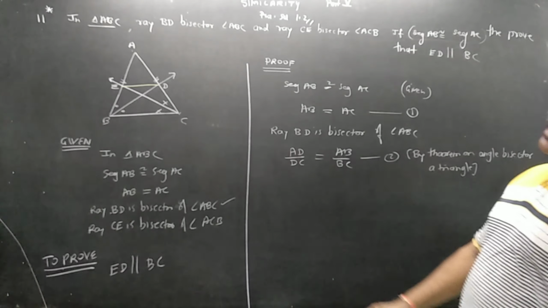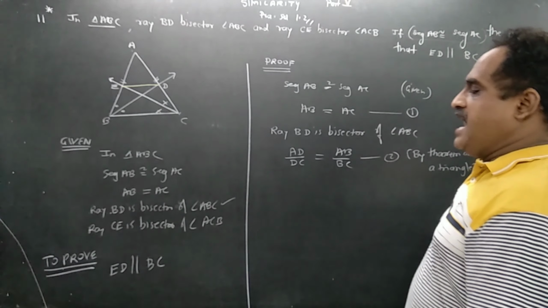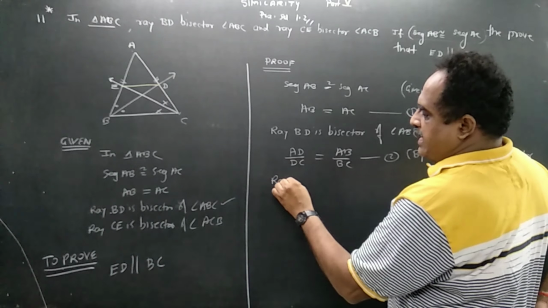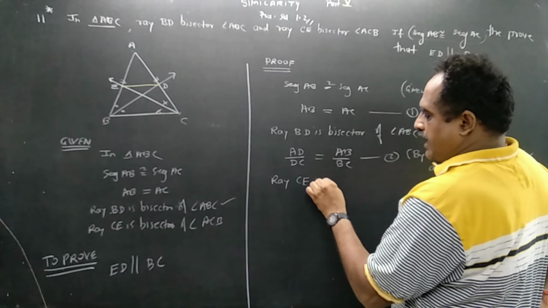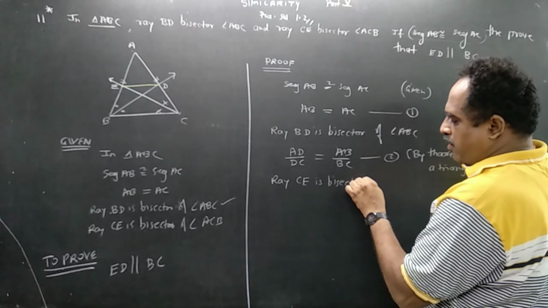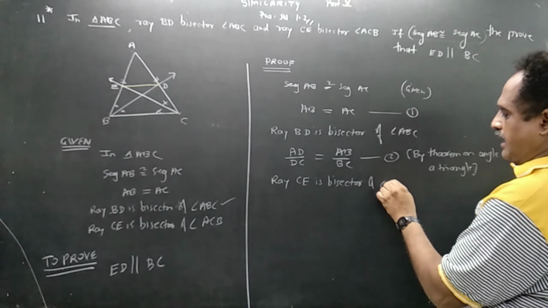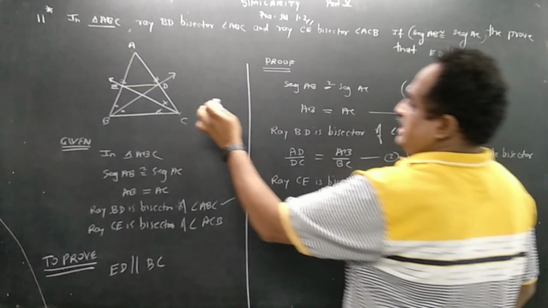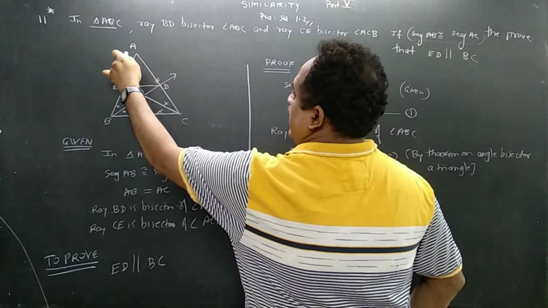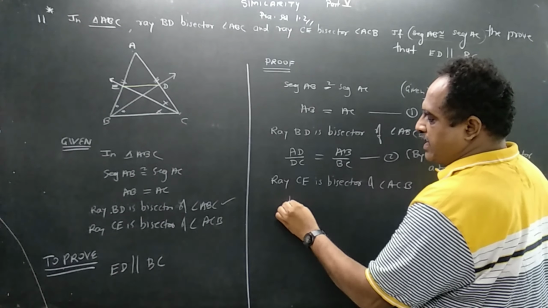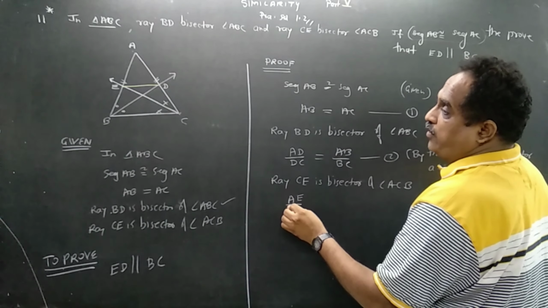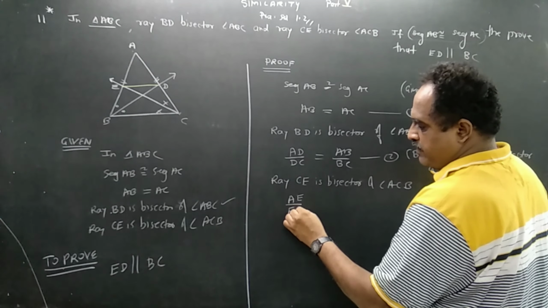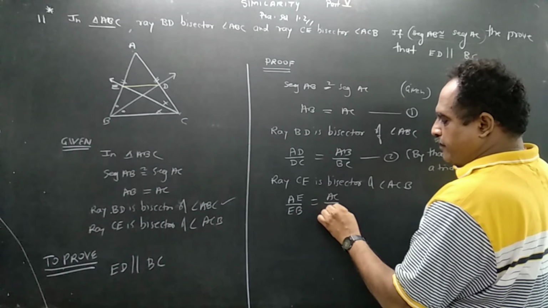Okay. Now third thing is they have given to you a ray CE. So what I will write? Ray CE is bisector of angle ACB. Ray CE is a bisector of angle ACB, means AE upon EB is equal to AC upon BC.